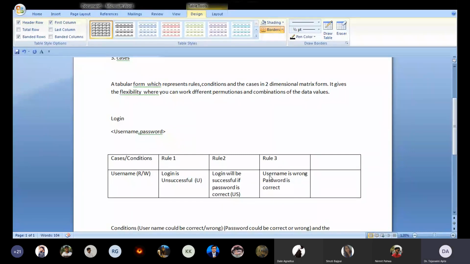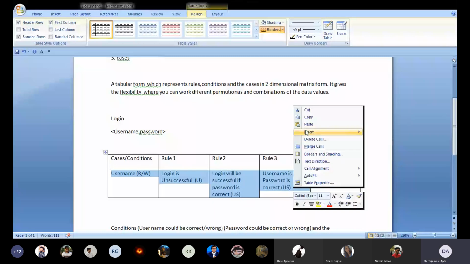In that case, I'm going to have unsuccessful. And rule 4 is both are correct. It's like a part of security testing only. This thing I need to define and tell to the black box testers, because they are not at all aware of the architecture. Now, the second thing you are going to have, let me insert.